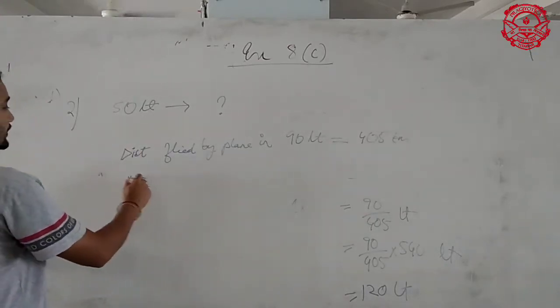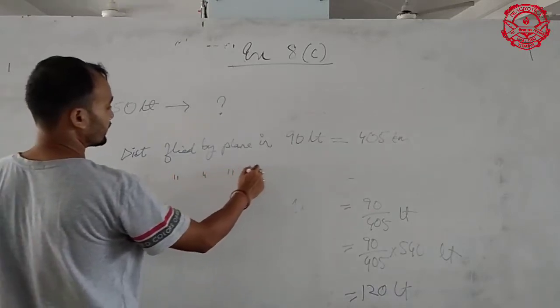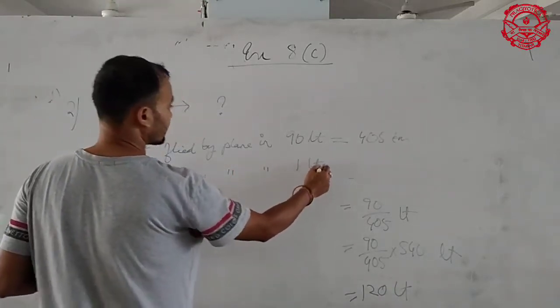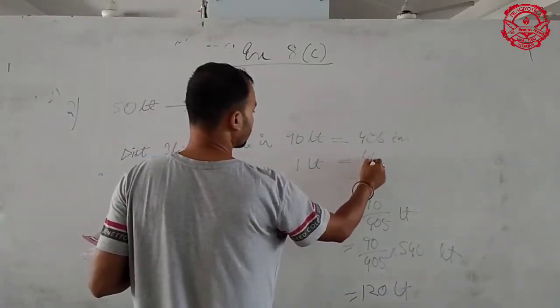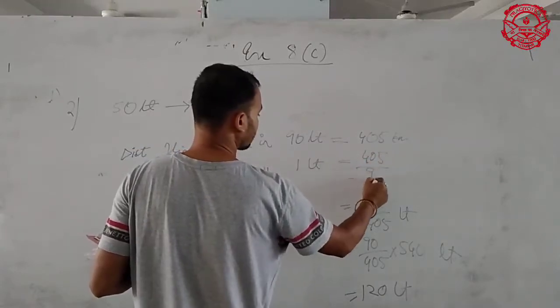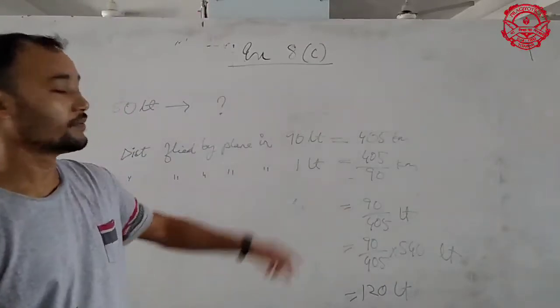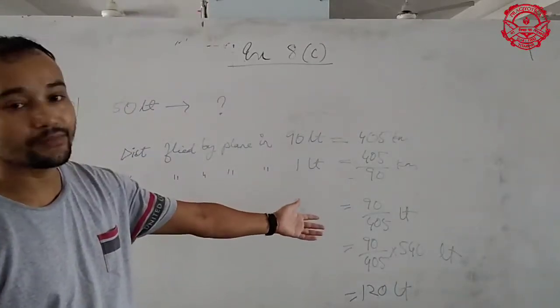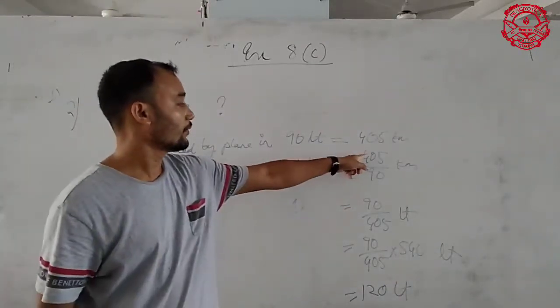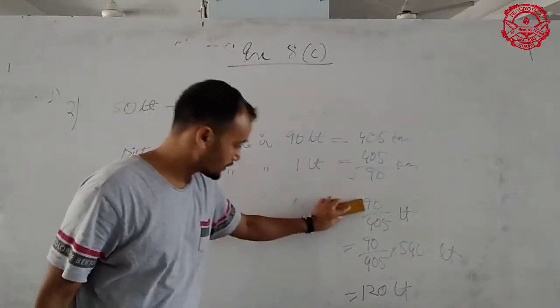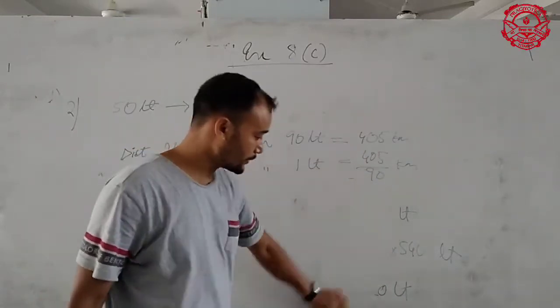Now, distance flown by the plane in 1 liter, if I need, it will be 405 by 90 kilometers. Earlier it was reversed, 90 by 405 liter, and now 405 by 90. That's why I kept this in order to show you. Now it is of no use.